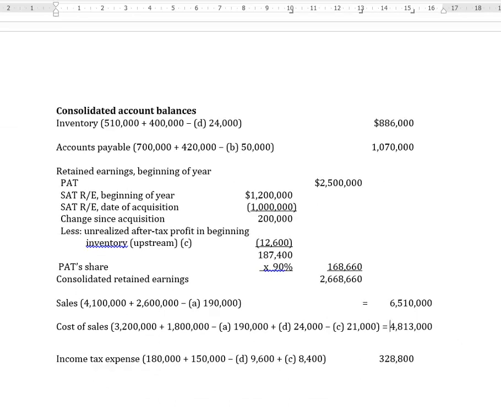Your income tax expense is going to be affected by the profit shifting. So once we take the parent's and the sub's and add them together, we have to remember that we're going to reduce our income tax expense by the amount of profit that was booked separate entity by the sub, and the income tax portion on that, and that's for year 3.